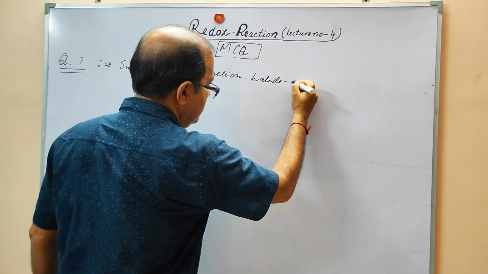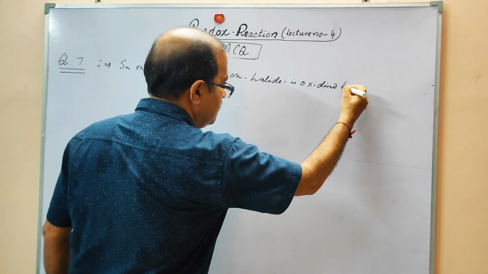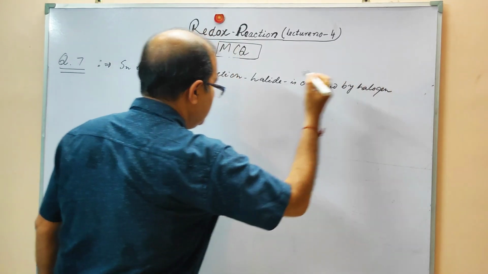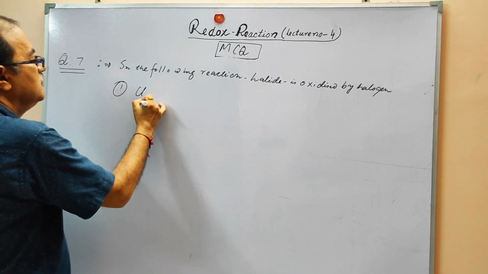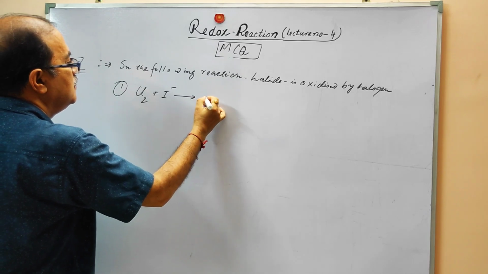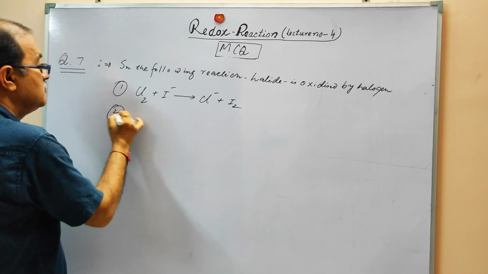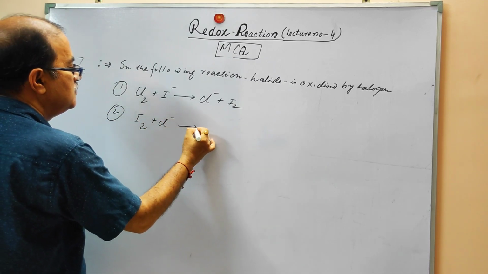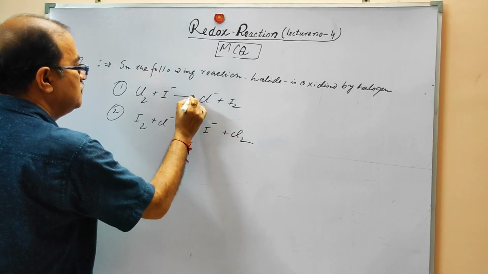Halide is oxidized by halogen. The reactions are given here. Option 1: Cl2 plus I minus gives Cl minus plus I2. The second option is I2 plus Cl minus gives I minus plus Cl2.